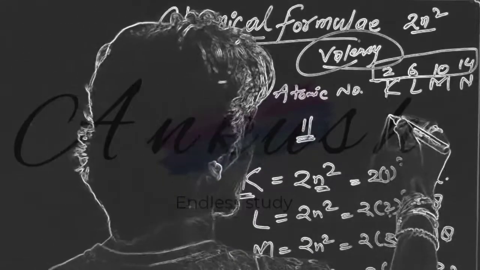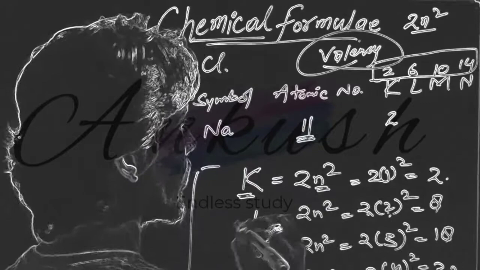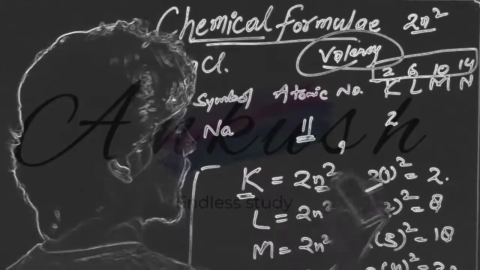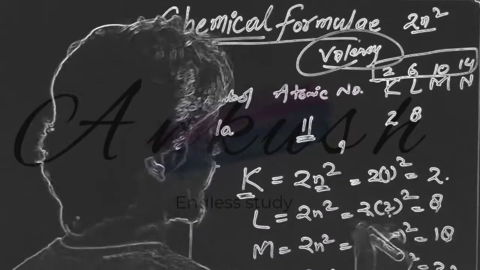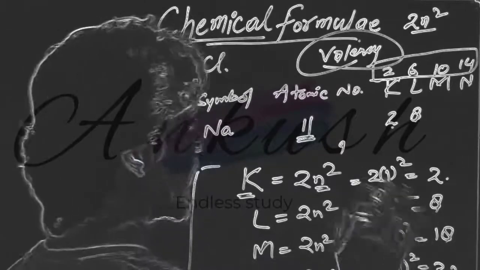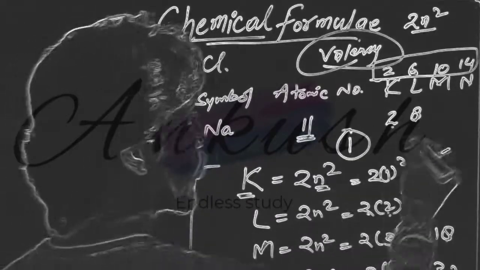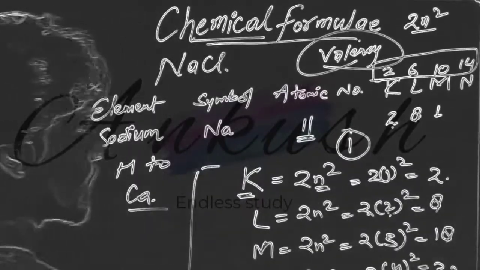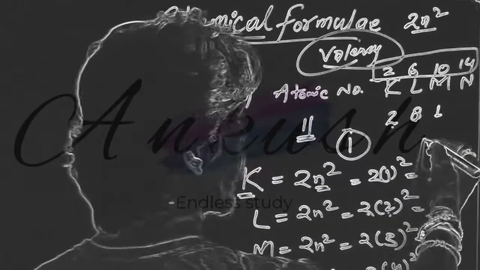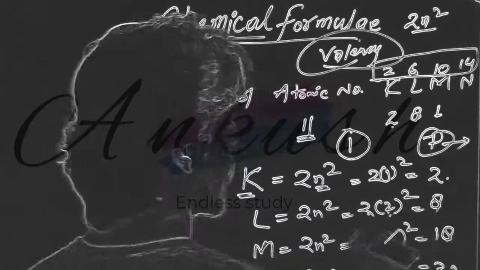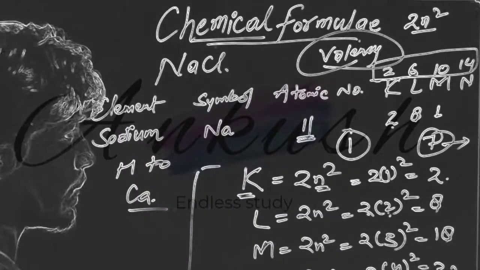In K, how many will it get? 2. Now how many remaining? 9 are remaining. In L, 8. So 2 plus 8, that is 10 electrons are filled. Only 1 remaining, so 1 will go in M. As I told you, it cannot take 7 electrons because that is a big number.